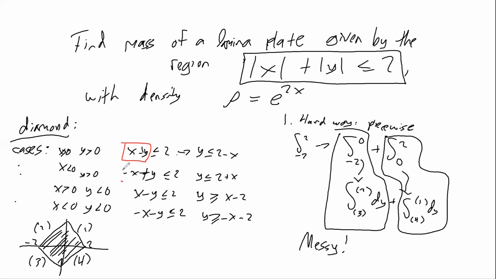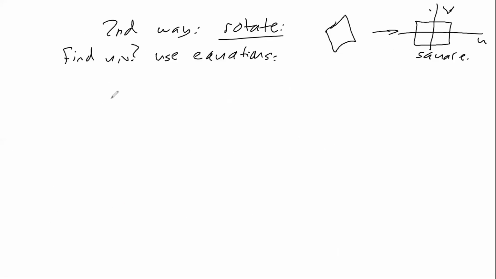So here's x plus y, here's negative x plus y. And then this one, of course, is negative x plus y. And then finally, we have negative x plus y. Right, so we see that x plus y and negative x plus y, these are natural choices for our u and v.